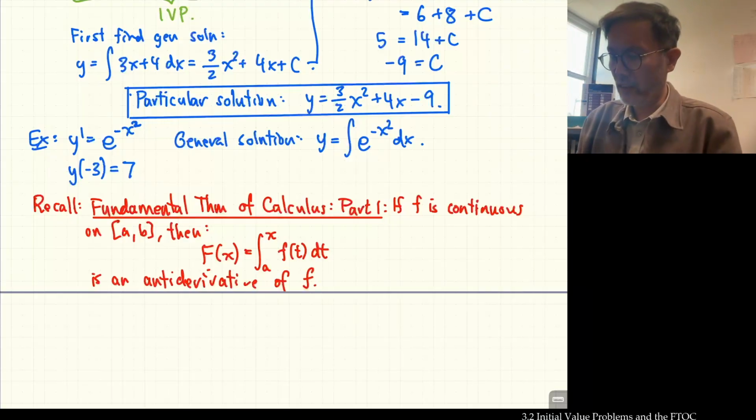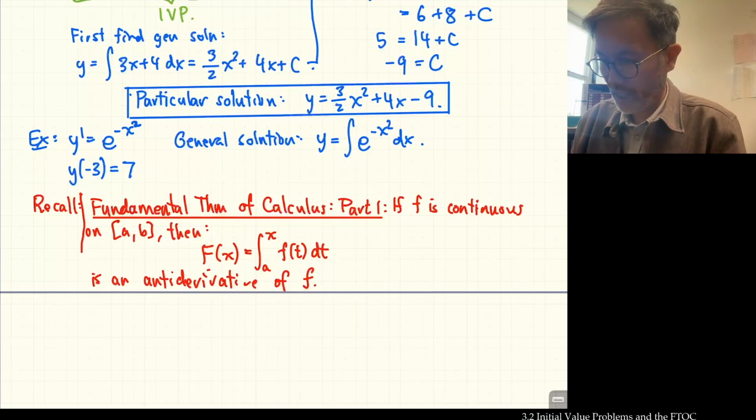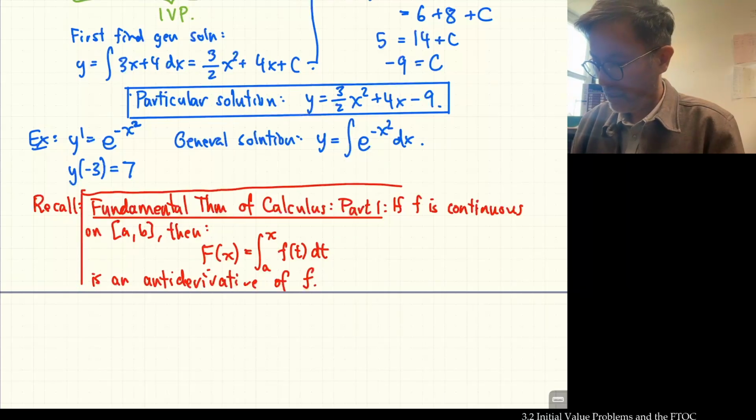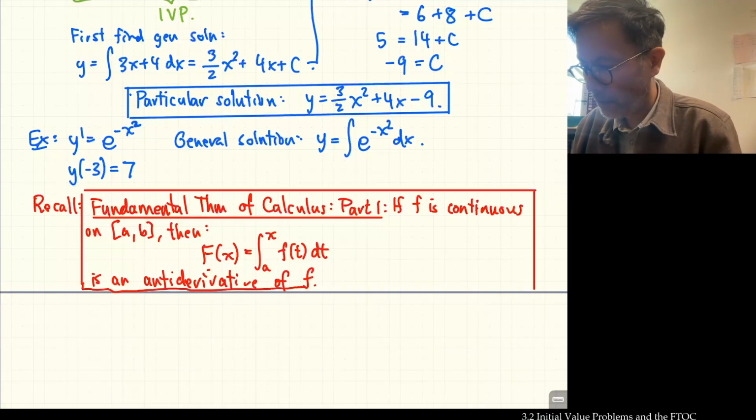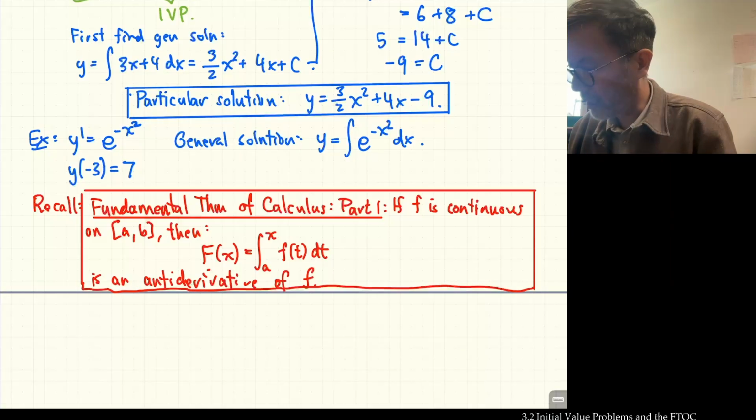Okay, that's the fundamental theorem of calculus, and it's very important and useful. Not only because it's the way in which you prove the other part of the fundamental theorem of calculus, which maybe you do use on a day-to-day basis, but also because of the comments that we're about to make.